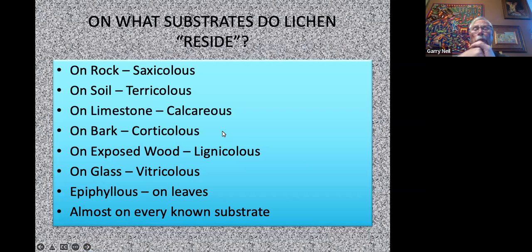Anyway, what can they grow on? Well, actually, they can almost grow on anything. Mostly, they can grow on rock, soil, a special type of rock called limestone. They can grow on bark. They can grow on just the surface below the bark, which is the actual wood of a woody plant. They have actually been seen growing on glass.